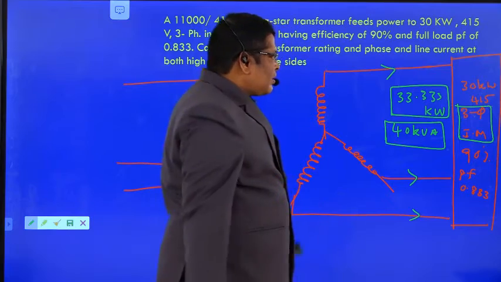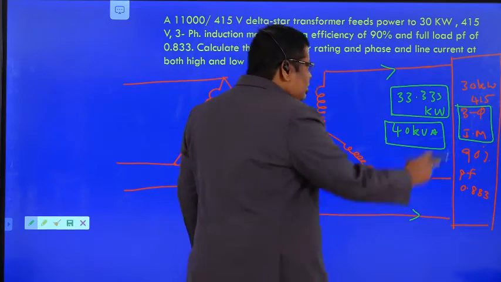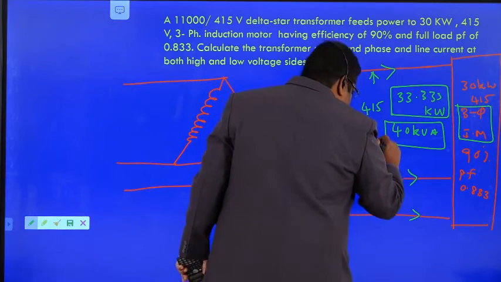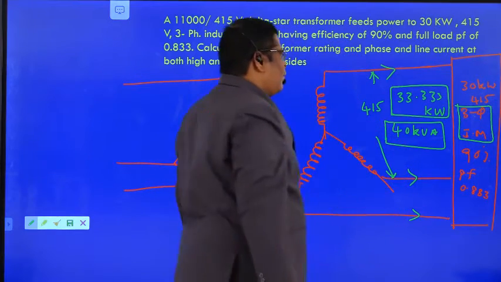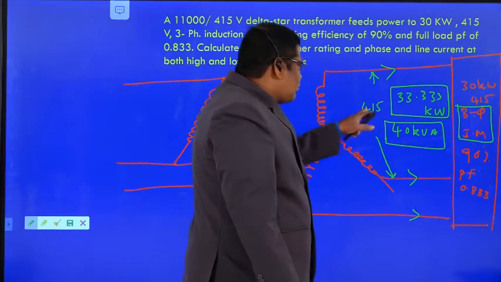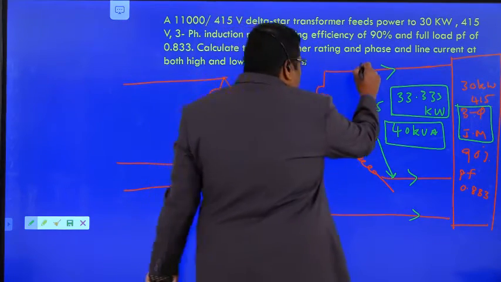And one more parameter is given, 415 volts. This is the line to line voltage. Indirectly it is given that the secondary winding line to line voltage is 415 volts. Now once we know the power and this voltage, then we can calculate the line current IL.